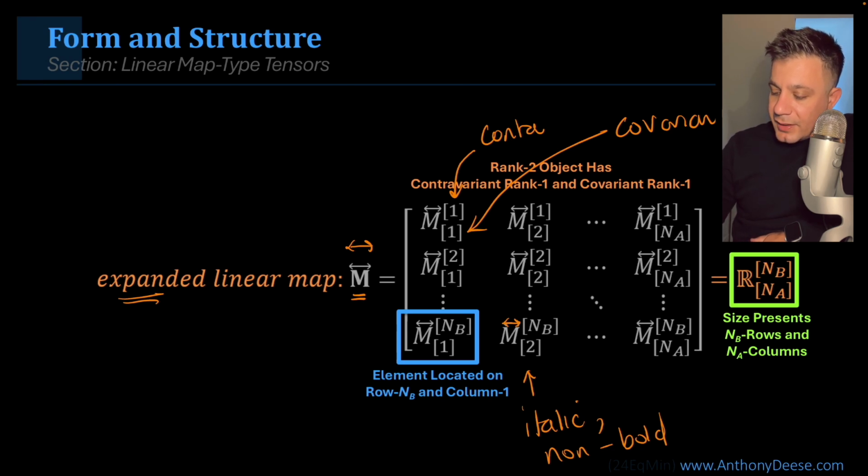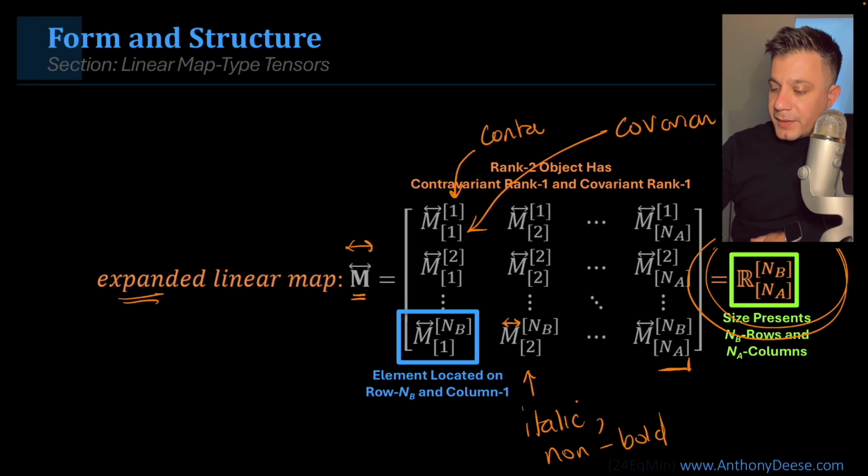And so you can see here, this is an n sub b by n sub a matrix or linear map, and we represent that using the same symbol we've seen in previous lectures. So script R tells us that it's composed of scalar real numbers.